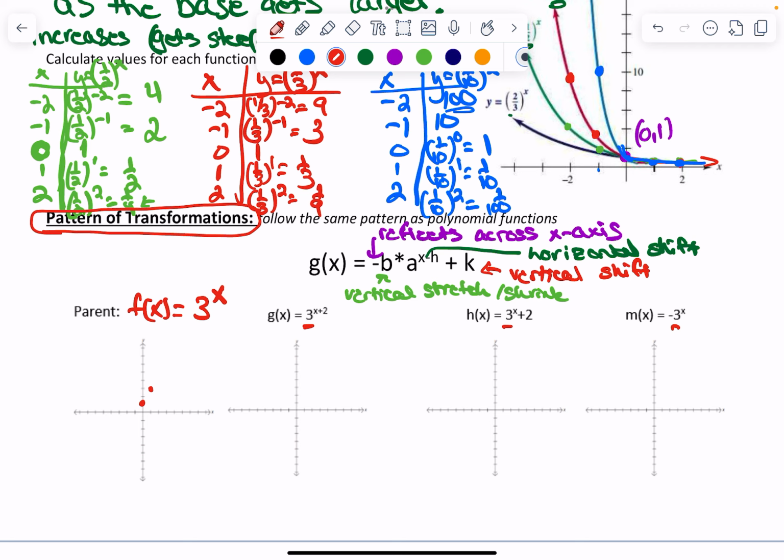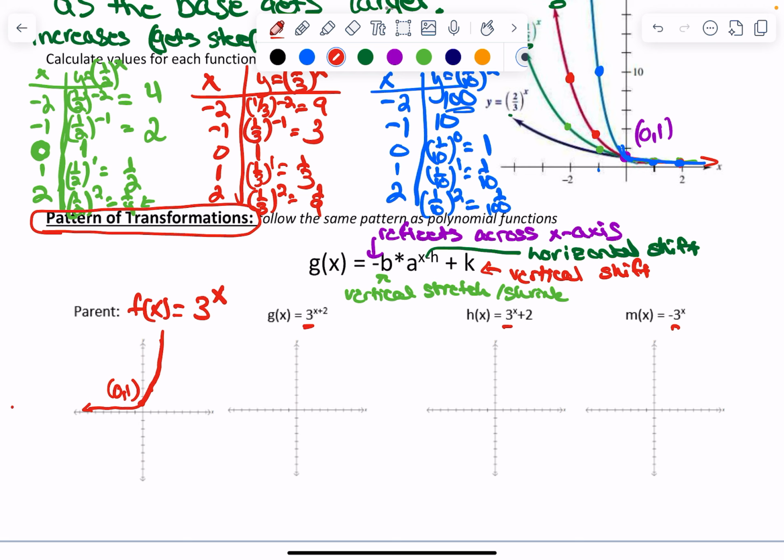1, 2, 3, 4, 5, 6, 7, 8, and 9 is somewhere here. And it comes down, and gets closer and closer to the x-axis, never touches. Again, this point 0, 1 is one of the points that we want to make sure that we're aware of.